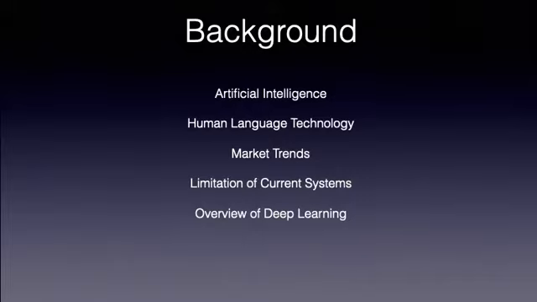Now let's talk about the market trend in artificial intelligence, especially human language technology. It has grown significantly since the early 2010s. There are some good examples of companies utilizing human language technology very well.